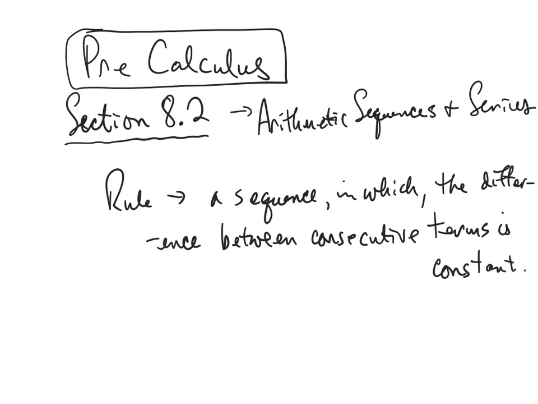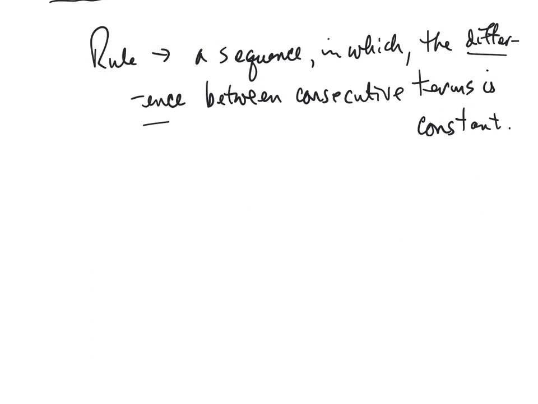So an arithmetic sequence is a sequence in which the difference between consecutive terms is constant. Please notice the word difference there. I could give you some very easy examples of arithmetic sequences.